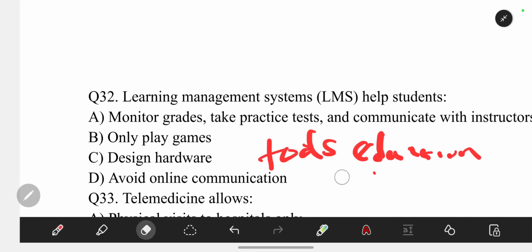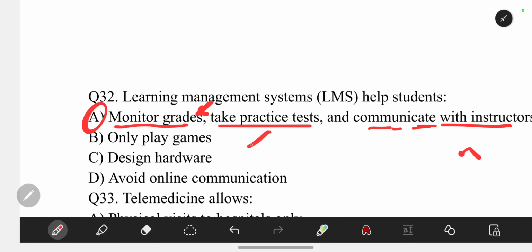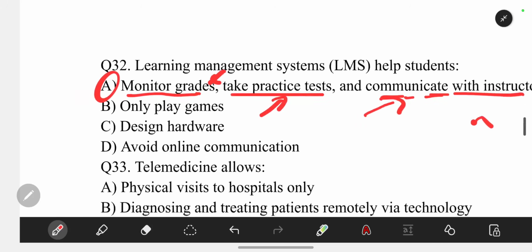So that is what we refer to as learning management systems. So this is important as it helps in monitoring grades, take practice tests, and communicate with instructors. Through this system of the learning management systems, monitoring grades is possible, practicing tests, and communications with instructors.